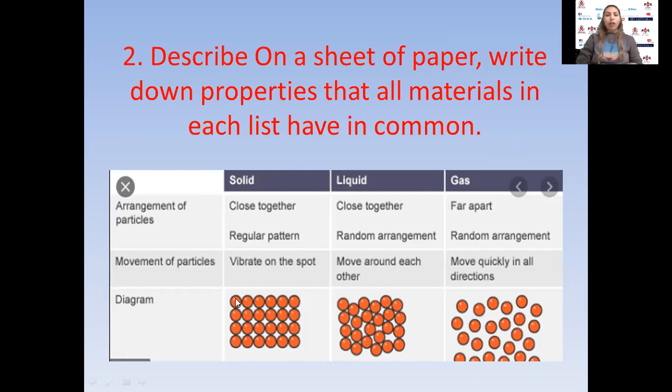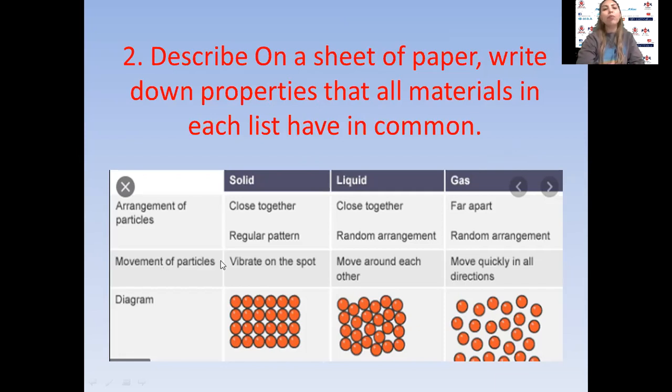And number three, gas, random arrangement. So for the arrangement, you can see the particles are regular in solid, and random in liquid and gas.